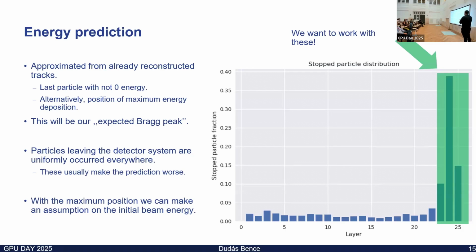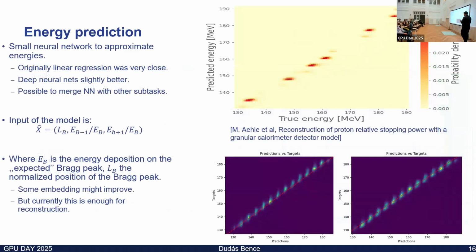Based on that, we can try to predict the energies of these trajectories. We published research on that where we only used simple machine learning algorithms, and after that we tried to do this with very small neural networks.